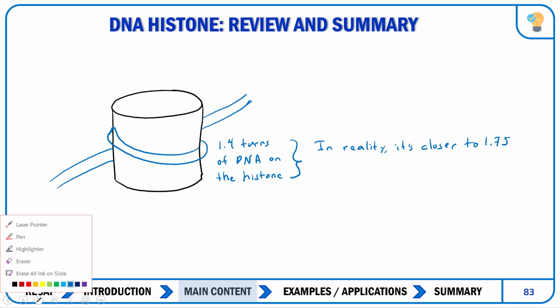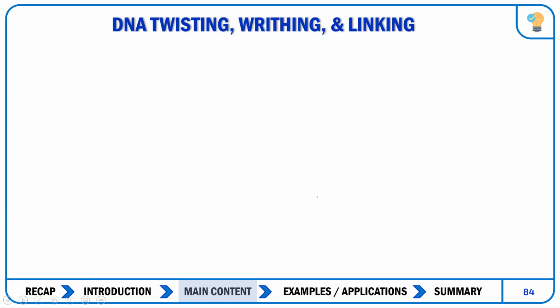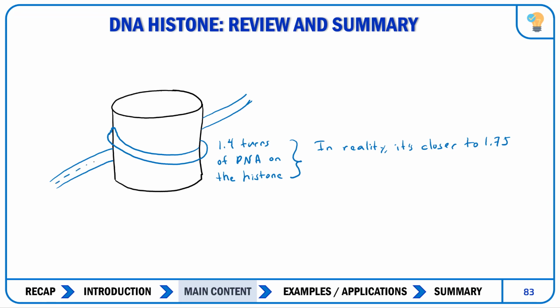Let's just first go through some of the positive and negative charges. We know that the DNA itself is going to be highly negatively charged DNA, and is going to attract a whole bunch of counter ions.